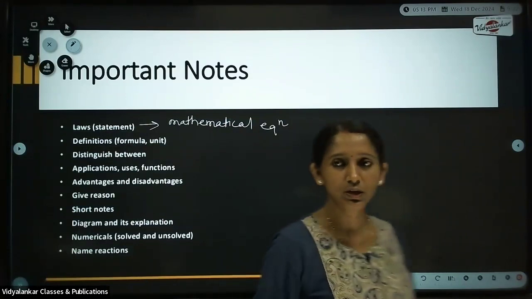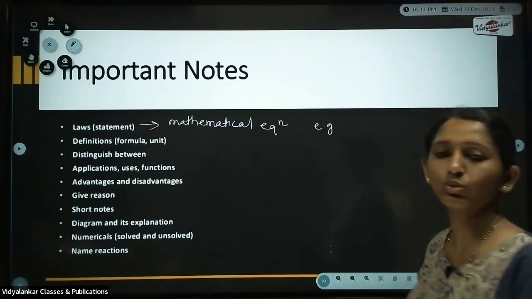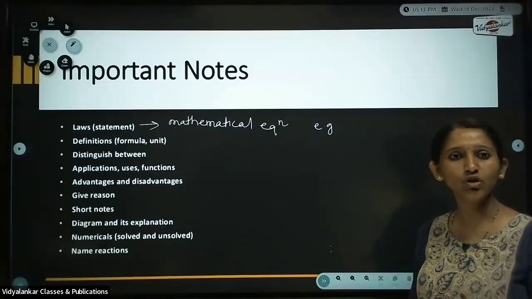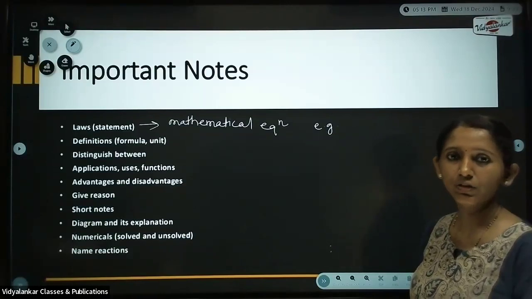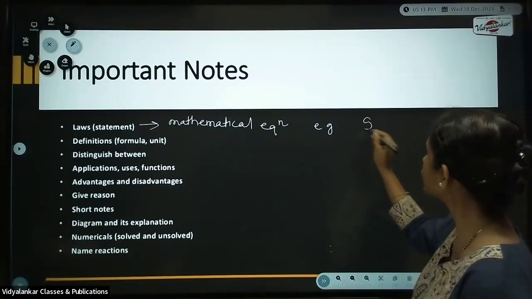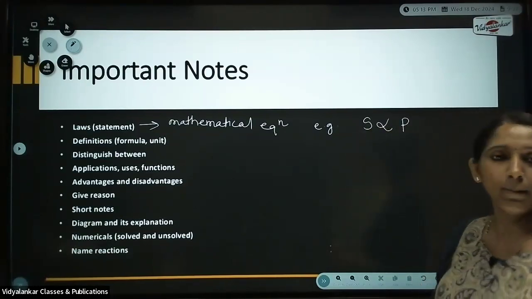I hope you are getting me. For example, if you are asked to state Henry's law, it belongs to the chapter Solutions. The statement is: solubility of the gas is directly proportional to the pressure.